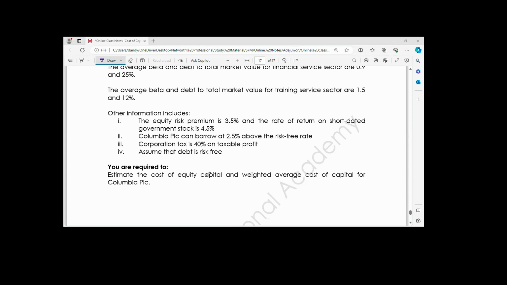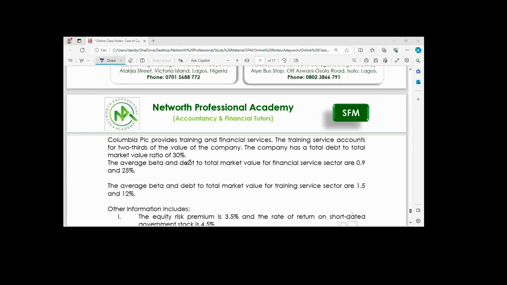So in this question, the examiner has told you in the first paragraph that Columbia PLC provides training and financial services. Since Columbia is into training as well as financial services, we are supposed to calculate weighted average cost of capital of the combined activity.